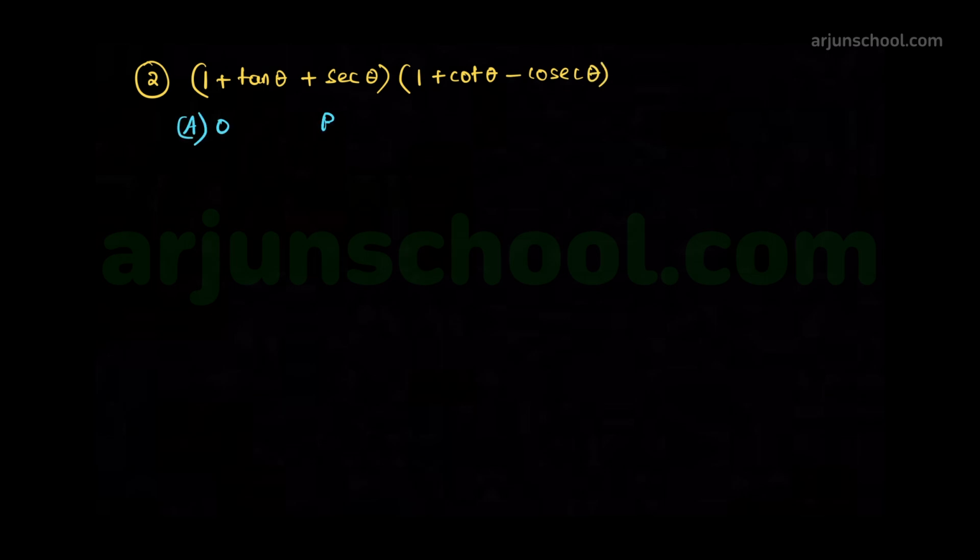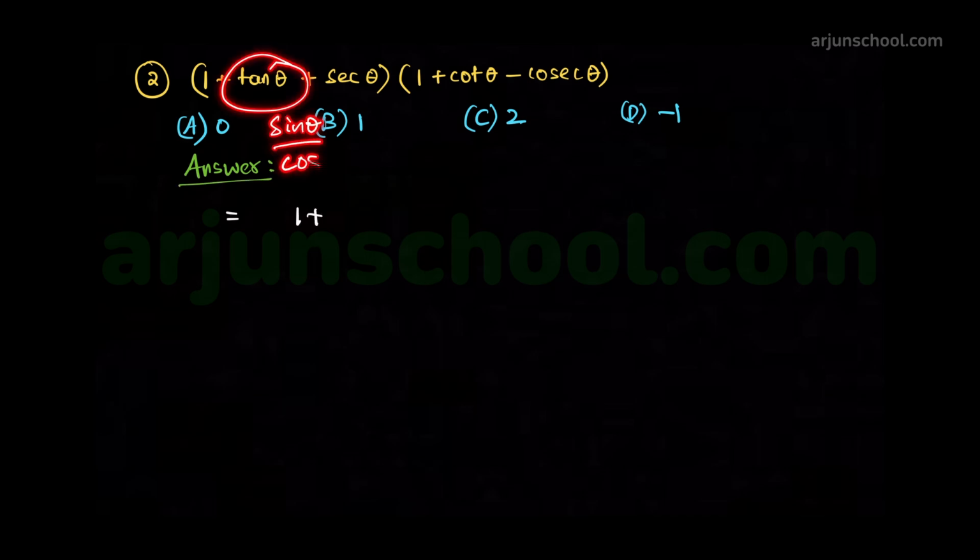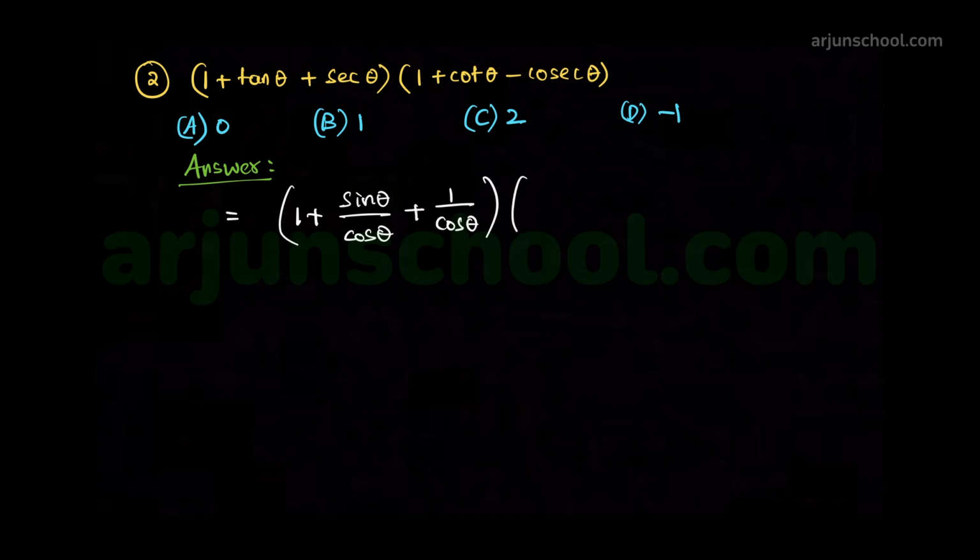Option A 0, option B 1, option C 2, option D minus 1. 1 plus tan theta can be written as sin theta by cos theta, plus secant theta can be written as 1 by cos theta, of 1 plus cot theta can be written as cos theta by sin theta, minus cosecant theta can be written as 1 by sin theta.